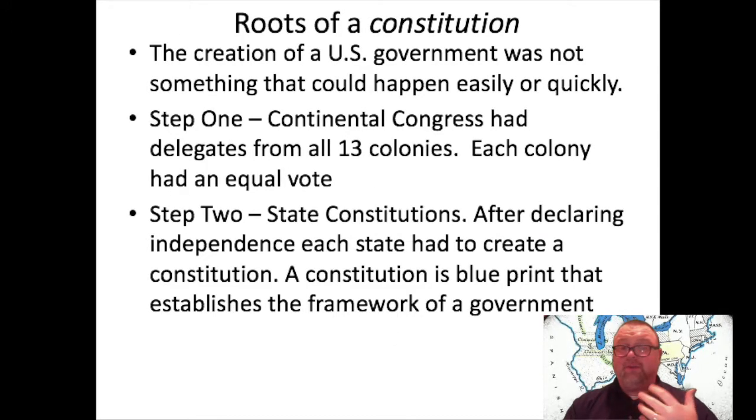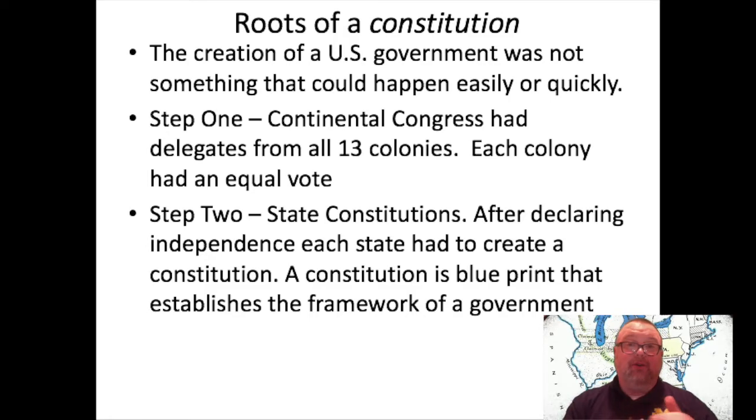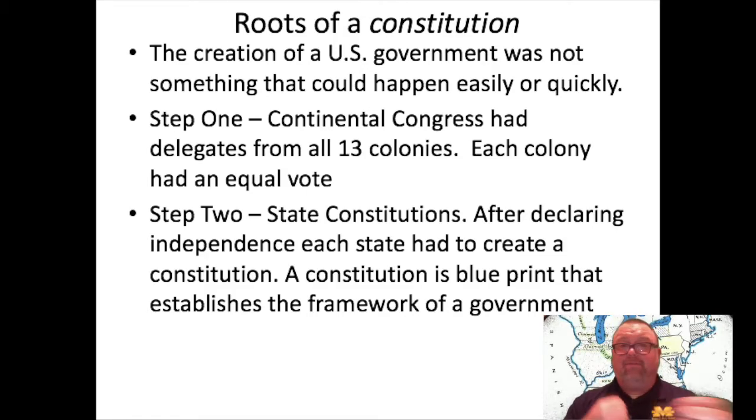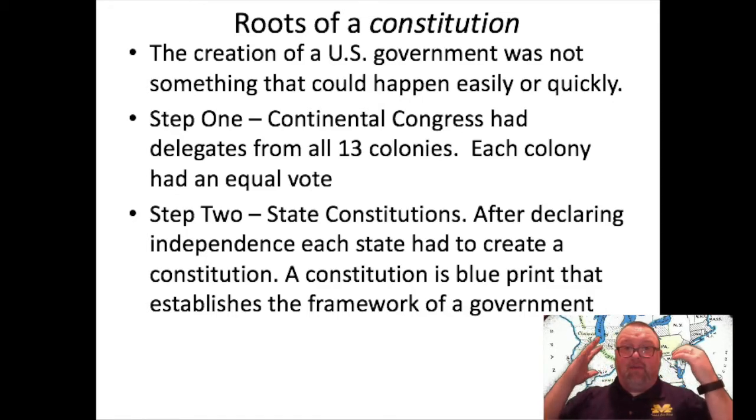But in order to have a government, you have to create a constitution. What is a constitution? Well, you notice that constitution is in italics, written with a lowercase c because it's a small c constitution, the noun, which is a framework or blueprint of a government. You're going to see that it's not like, all right, we're independent, now here's our constitution.